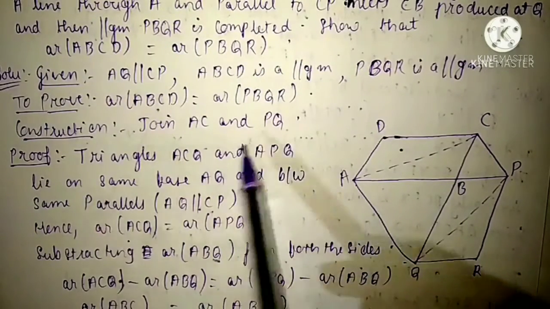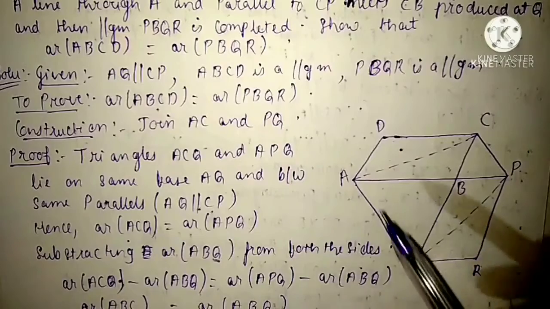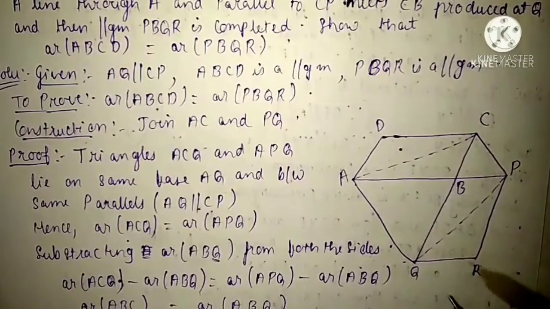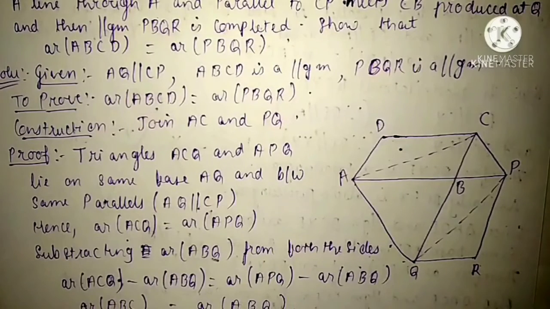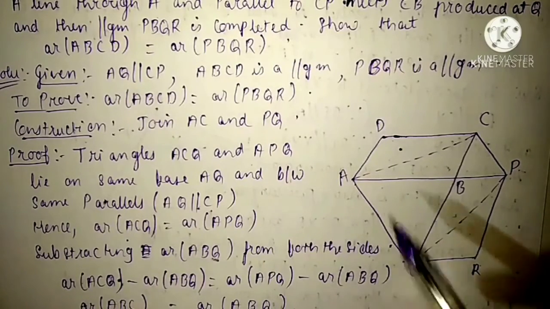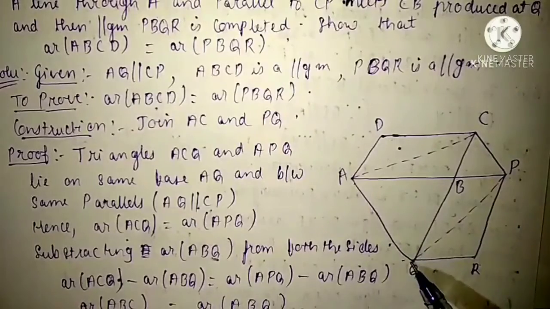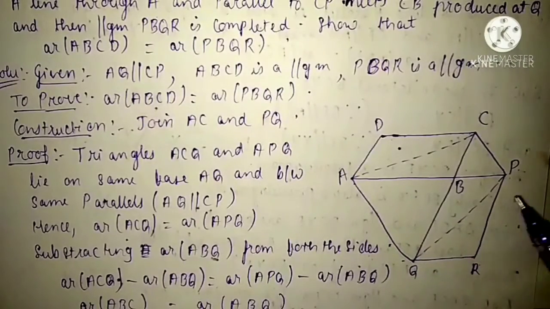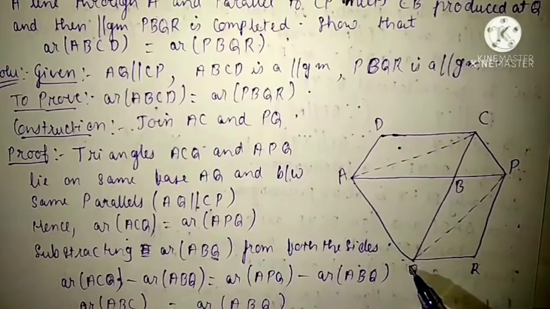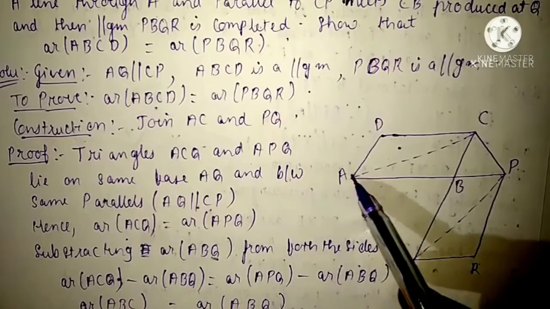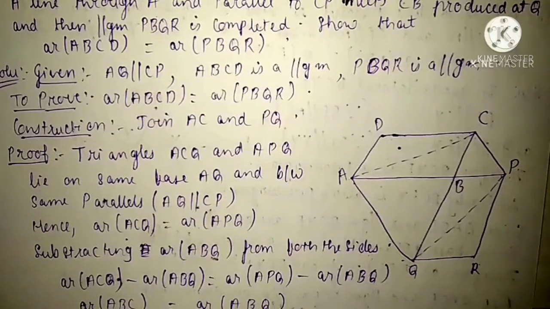Now, here we will do some construction. We have to join AC and PQ, okay. Now, see the triangles ACQ and APQ, okay. In these two triangles we can see that base is same and they are between same parallel lines.